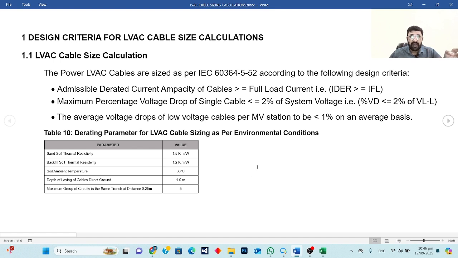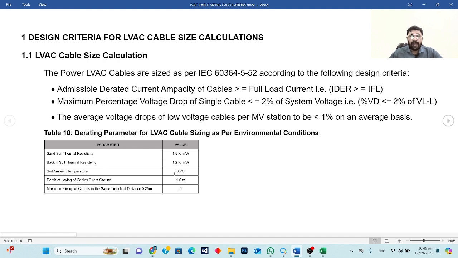So the other step is that we have to check with our actual environmental conditions, like what is the value of the thermal resistivity and what is the ground temperature where we are installing our solar systems.